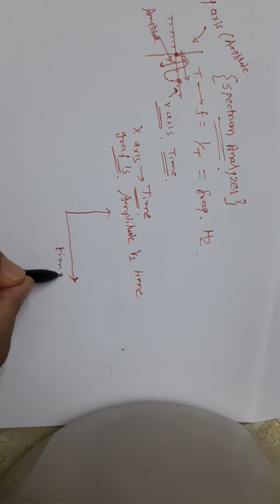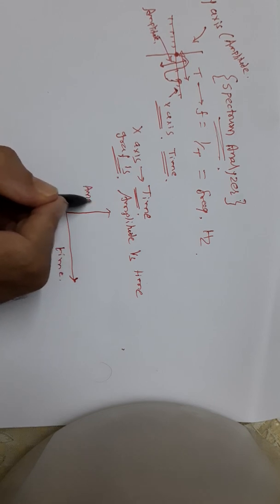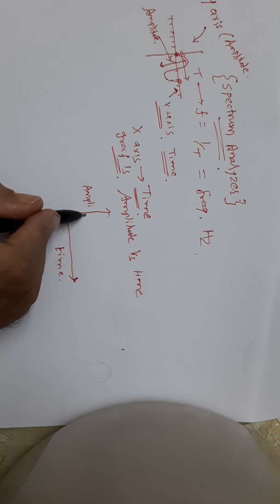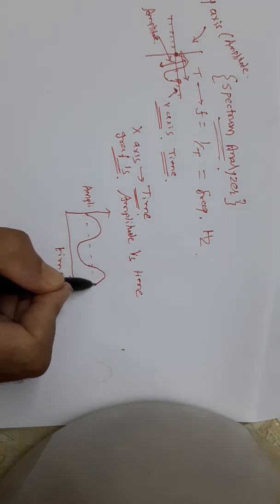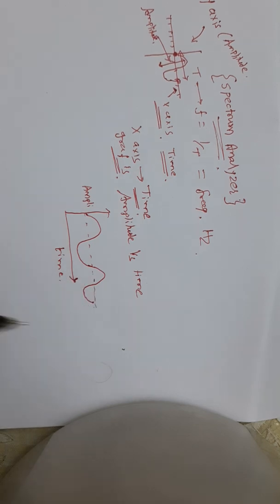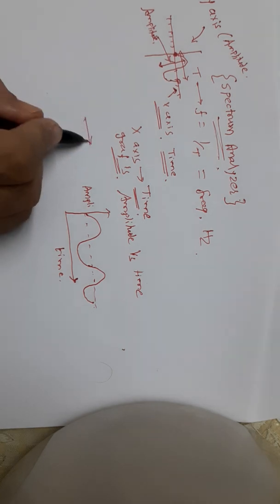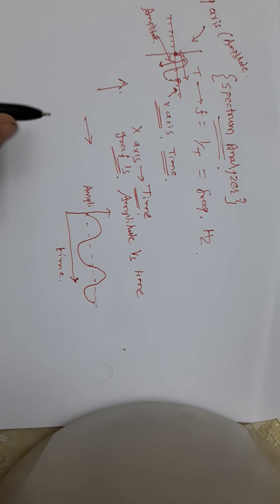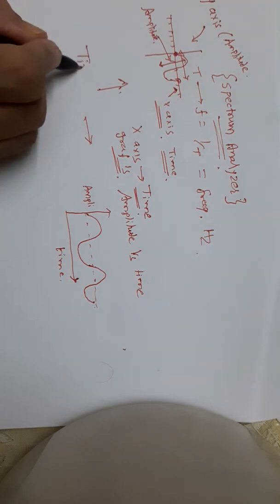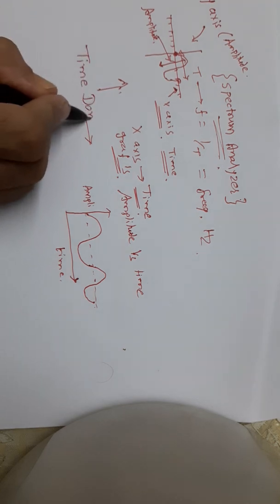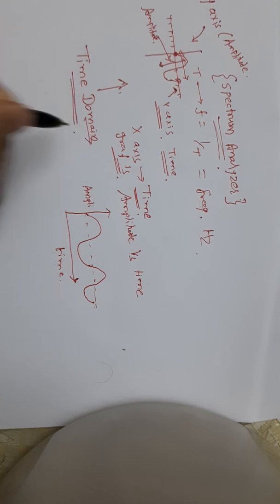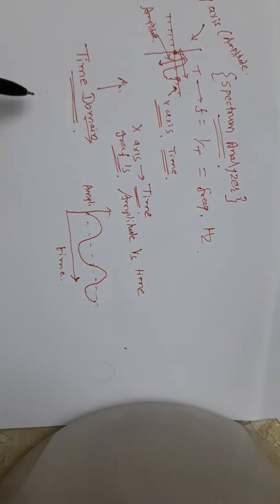This is your time, this is your amplitude, and we see this type of movement on the screen of the CRO. This is the time domain. Remember, this type of graph is known as the time domain.